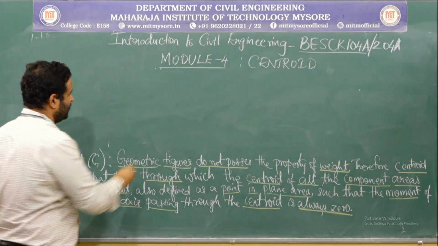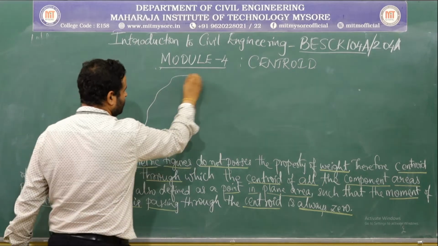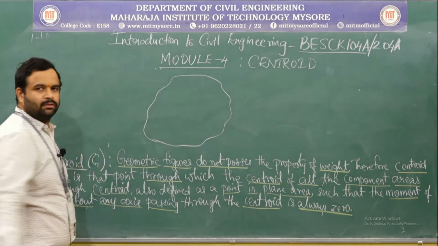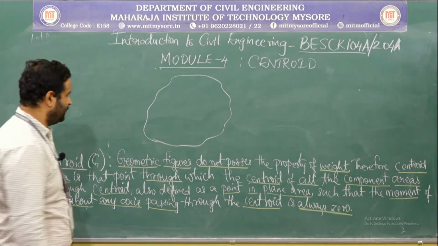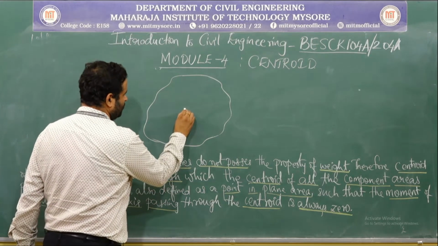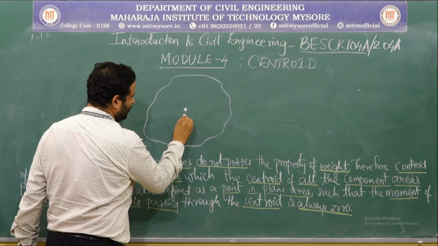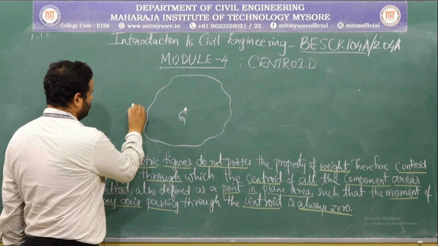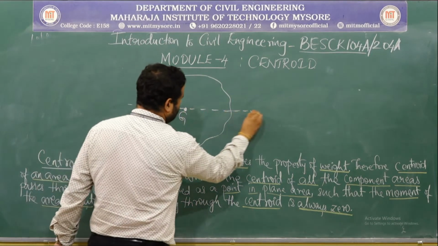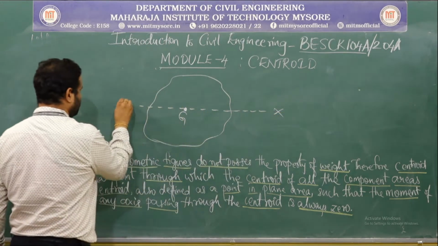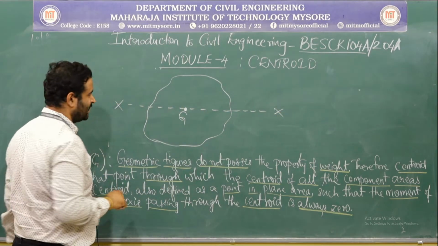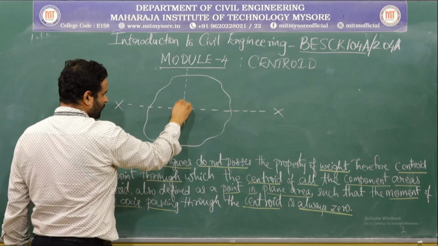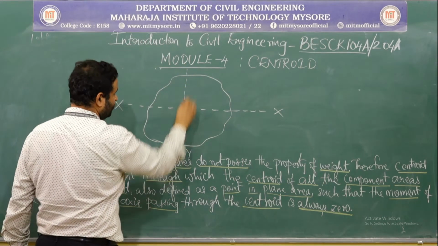If I take a geometrical figure of unknown shape and mark this point as the centroid G, this will be taken as the x axis and this as the y axis.